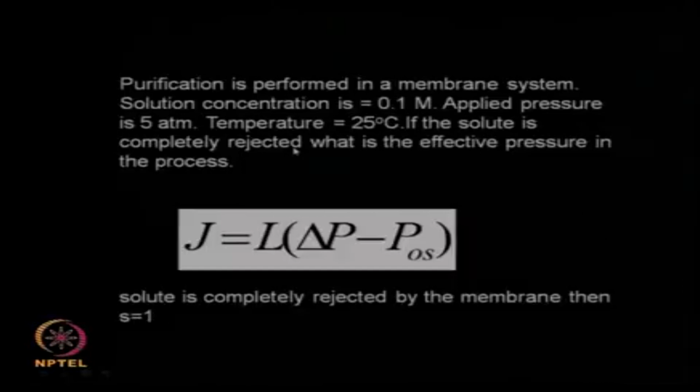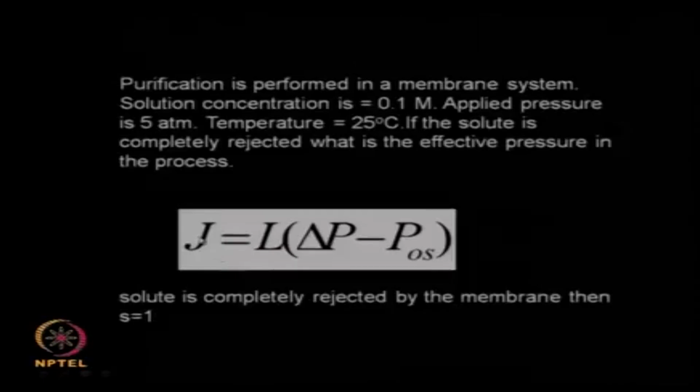that means the filtration process is so efficient that in the downstream there is no solute, only pure solvent will be flowing, and in the upstream you have the complete solute. So if you remember, S will be equal to 1, that means you will have maximum effect of osmotic pressure. So the equation becomes J is equal to L into delta P minus pi, where pi is your osmotic pressure.